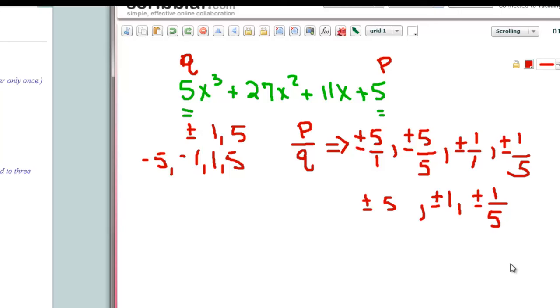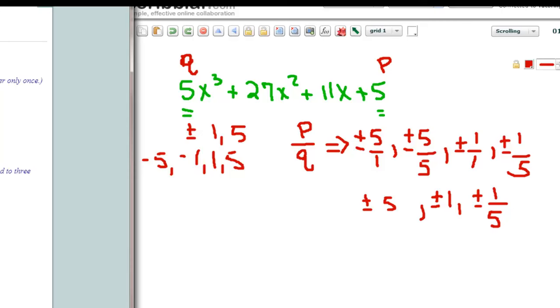Now let's look over here. List all the possible rational zeros. It says type an integer or a simplified fraction, use a comma. So we actually have to write these all out. It would be -5, comma, +5, comma, -1, comma, 1, and we want to make sure we use a fraction here.